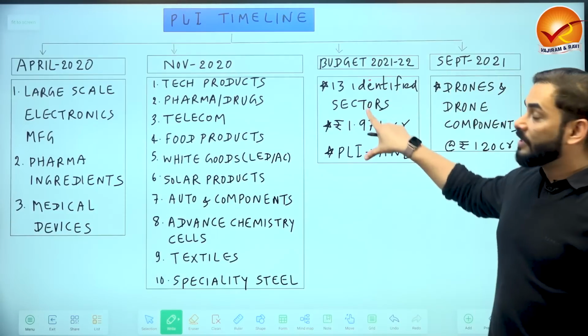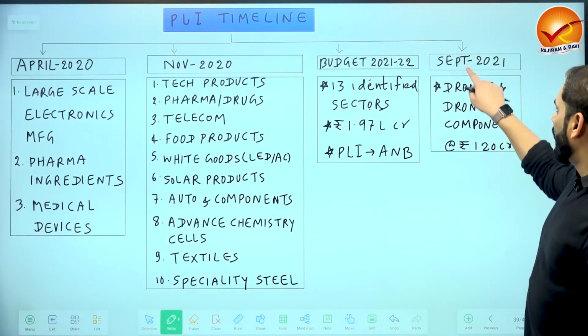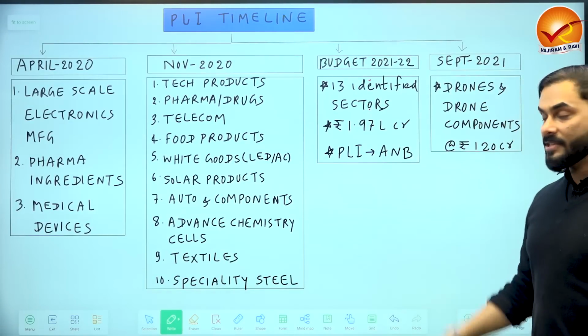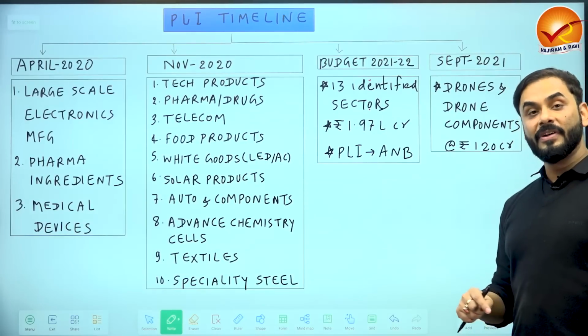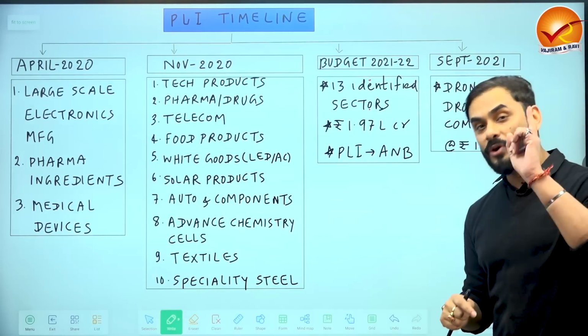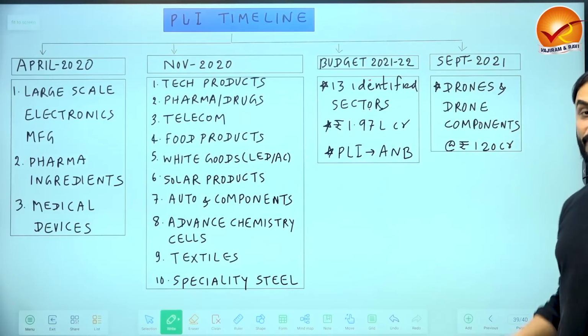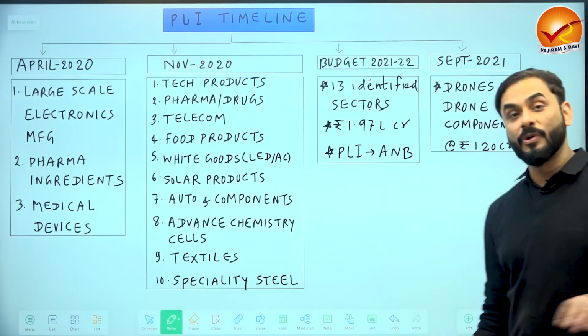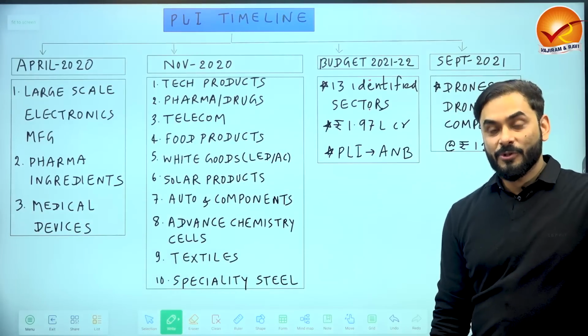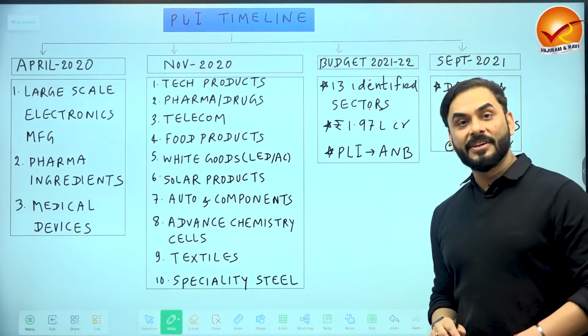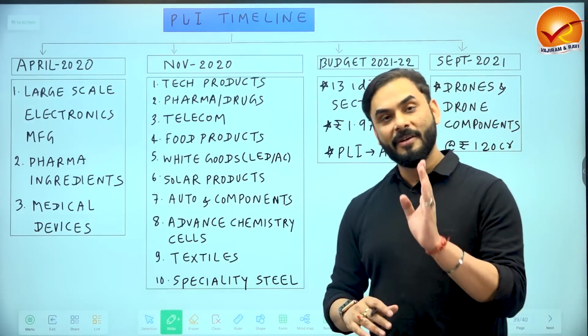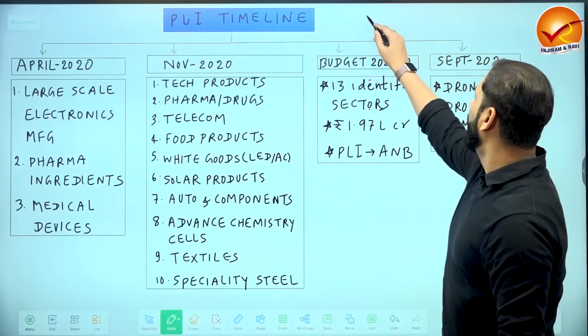So this was announced in the budget. Now in September 2021, see guys, September 2021, Government of India included a 14th sector in the production linked incentive scheme called as drones and drone components by allocating 120 crore rupees. So if somebody will ask you how many sectors are currently covered under production linked incentives, you should say 14.